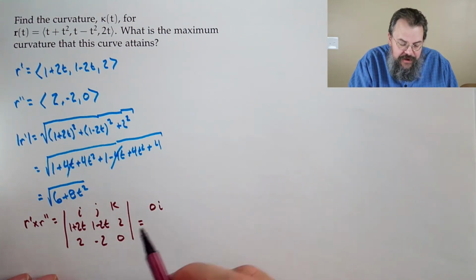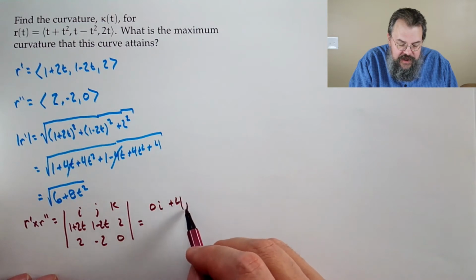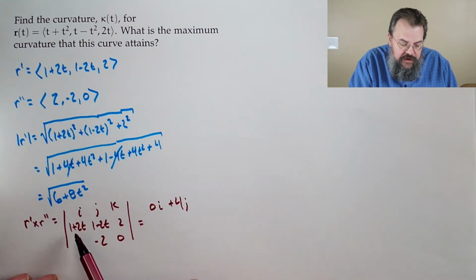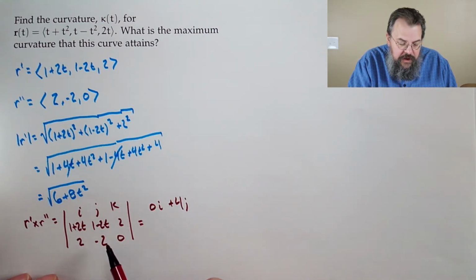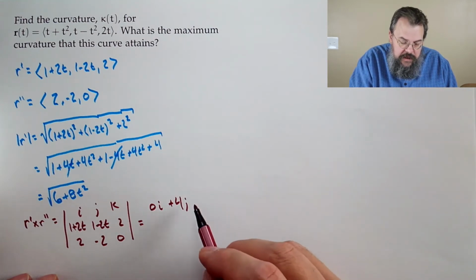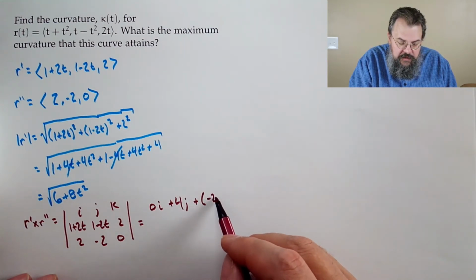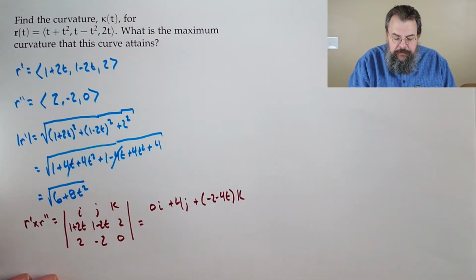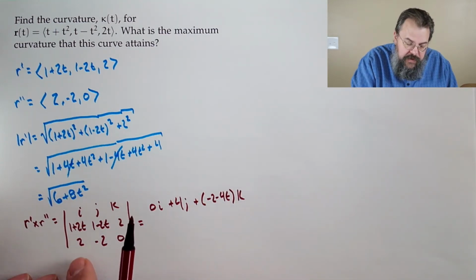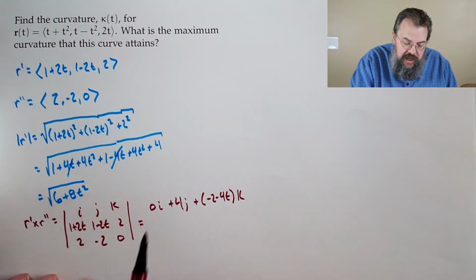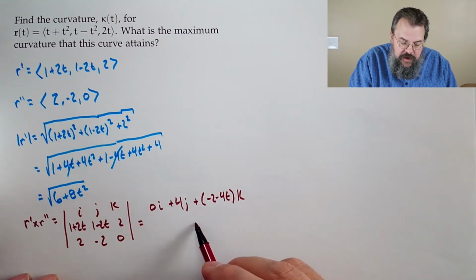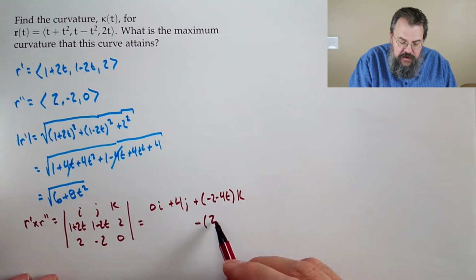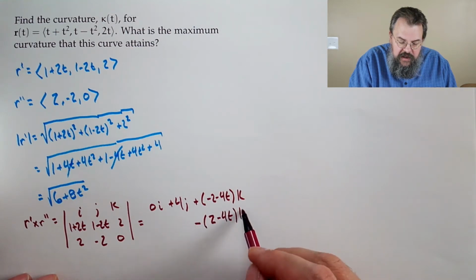j times 2 is 4j. k times 1 plus 2t times minus 2, well, that'll be minus 2 minus 4t k. We'll write it like that, minus 2 minus 4t. Okay, good. Other direction. 1 minus 2t k, well, that would be subtract, and that'll be 2 minus 4t k, right?